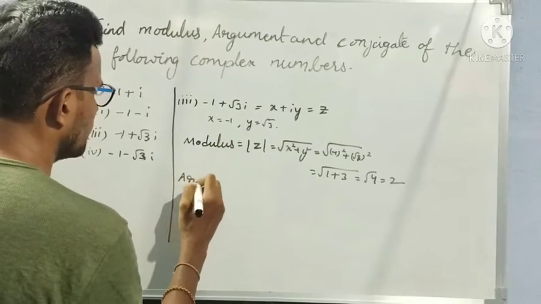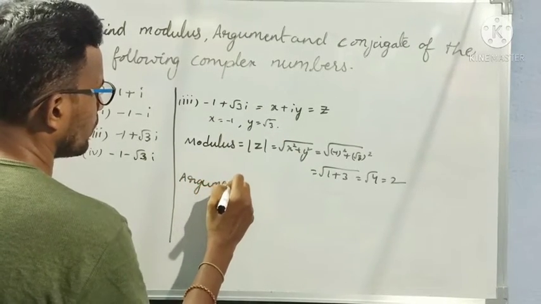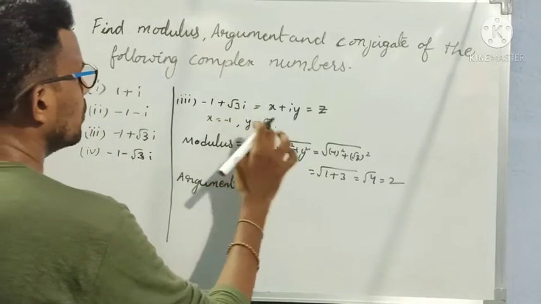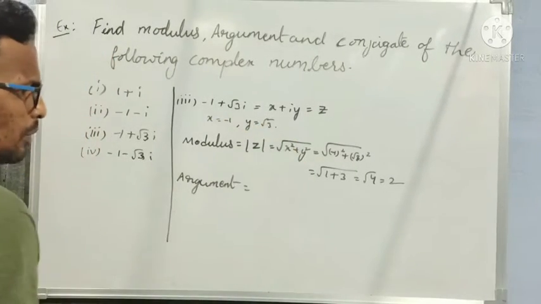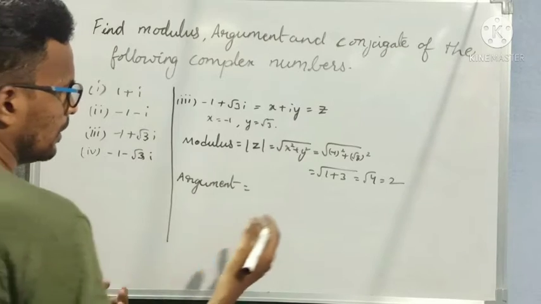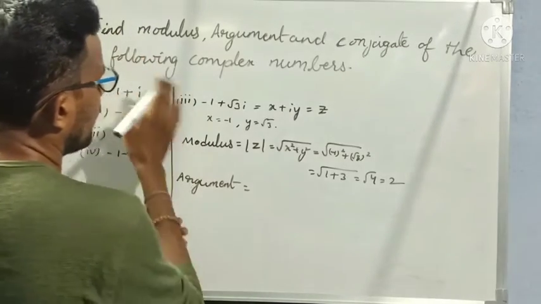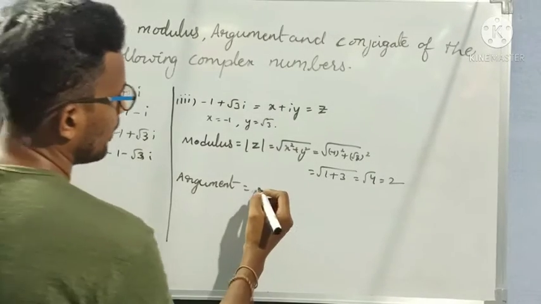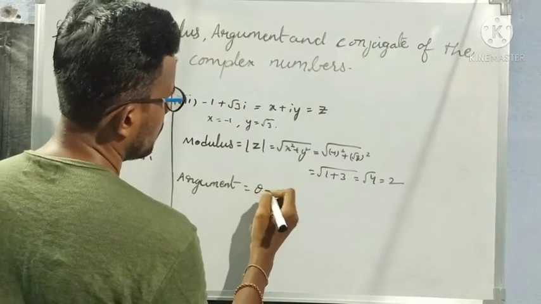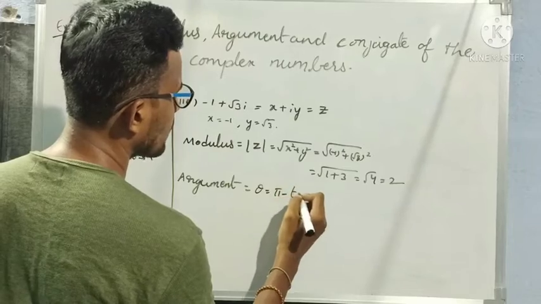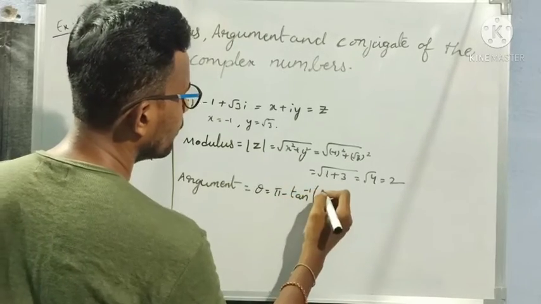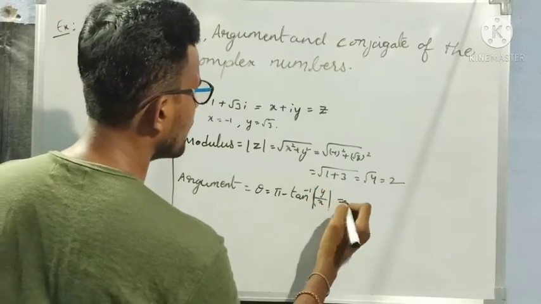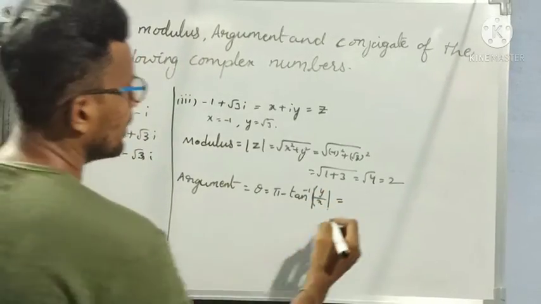Next, argument. X is negative, y is positive, which means which quadrant? X negative, y positive means second quadrant, right? So in the second quadrant, our value of theta is pi minus tan inverse of modulus of y by x.